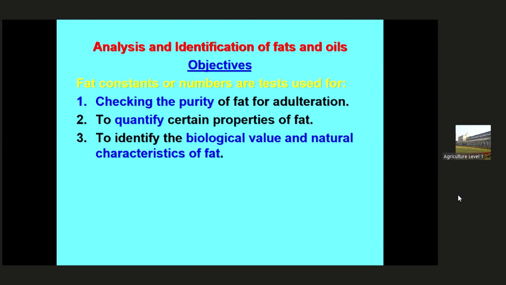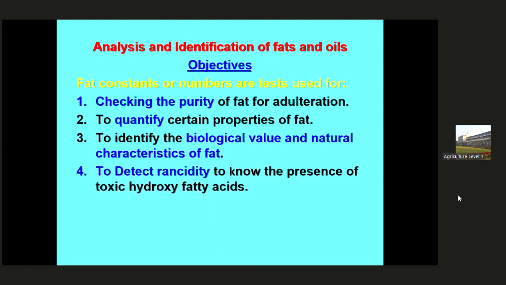The natural characteristics of fat are the natural odor, taste, and color, and whether the fat can perform its function or not. So you have to identify these values.